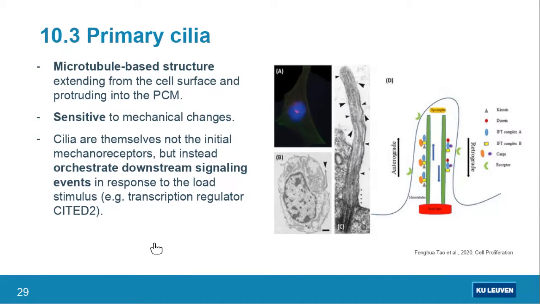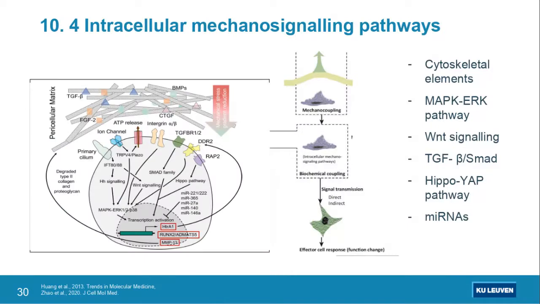At this point, we have seen three types of mechanoreceptors present in the membrane of the chondrocyte: the ion channels, the integrin receptors, and the primary cilia. Once these receptors are activated, different intracellular mechanosignaling pathways are also activated in response to this stimulus.